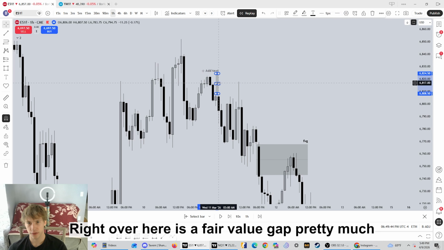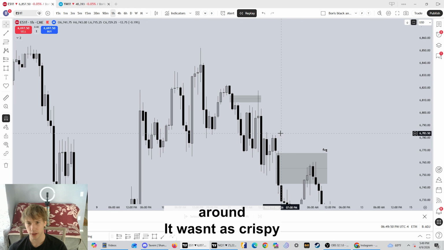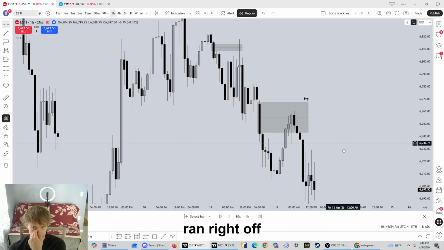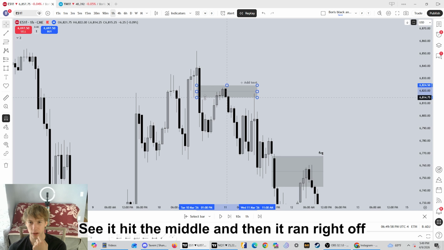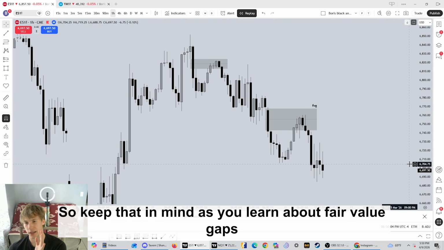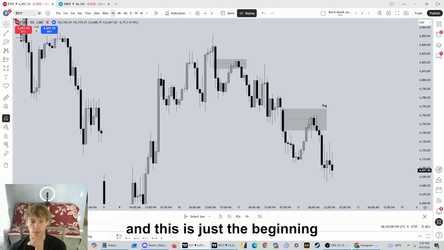Right over here is a fair value gap, pretty much. This one right here, price went all the way through it, and then you can see we just chopped around. It wasn't as crispy. But then over here, it hit the middle, and then it ran right off. And in this case as well, it hit the middle, and then it ran right off. So keep that in mind as you learn about fair value gaps. There's a lot to it, and this is just the beginning.